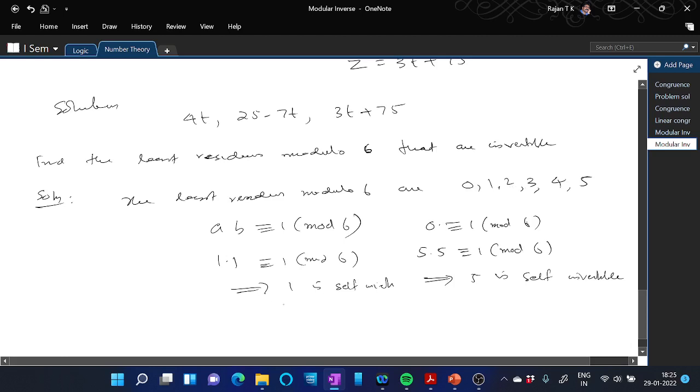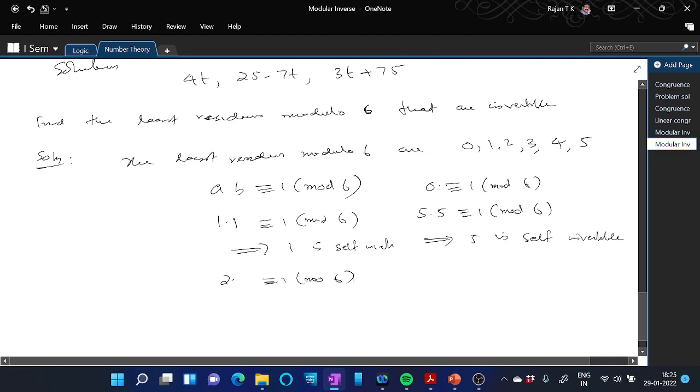Then is 2 invertible? 2 into what number is congruent to 1 mod 6? 2 into 3, no, 2 into 4, that is not invertible.